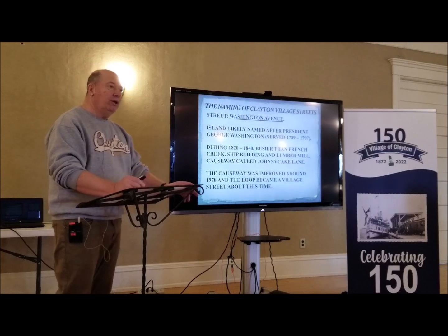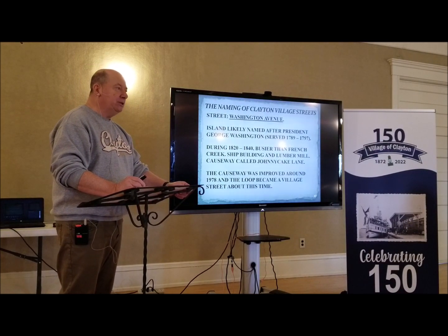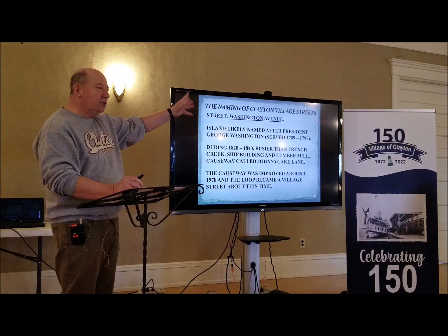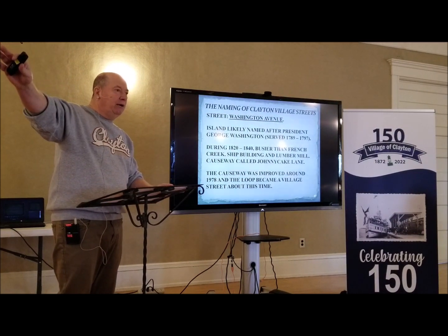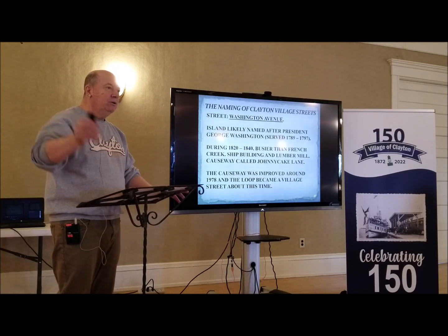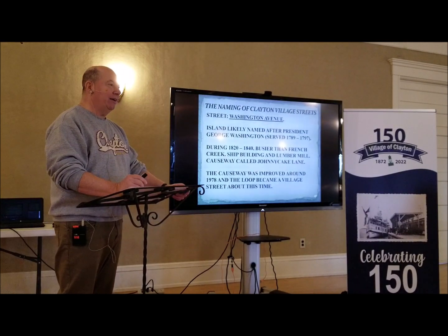But did you know that Washington Island in the earliest days was busier for production? There were sawmills and shipbuilding. In the earliest days, French Creek was kind of like a population center. If you wanted to go where the hub of activity was, that's where you went.